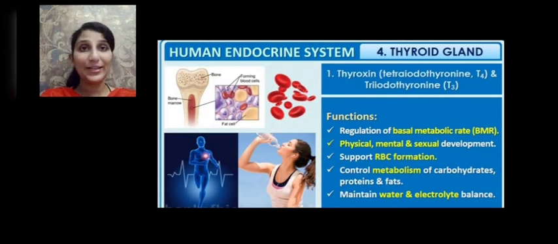In addition to it, it supports RBC, that is erythrocyte, formation. It controls the metabolism of carbohydrates, proteins, and fats in our body. There are chemical reactions taking place for the breakdown of carbohydrates, proteins, and fats. And it also maintains the water and electrolyte balance.